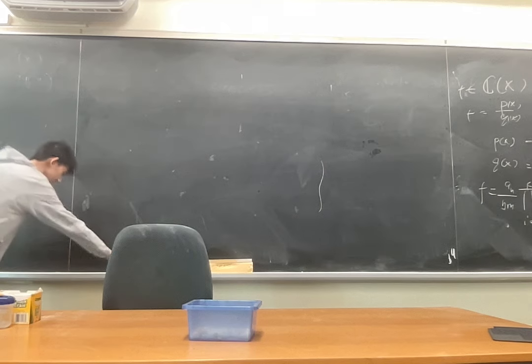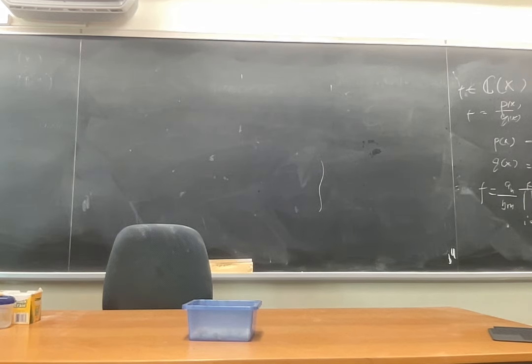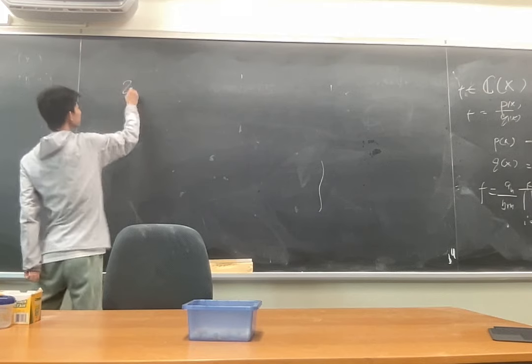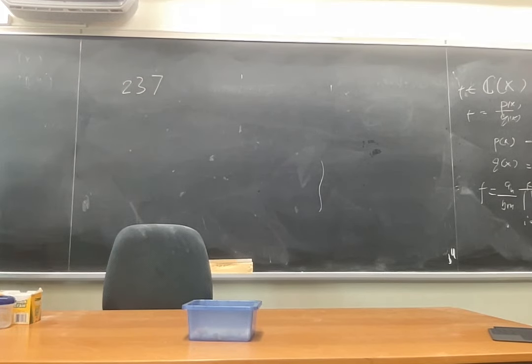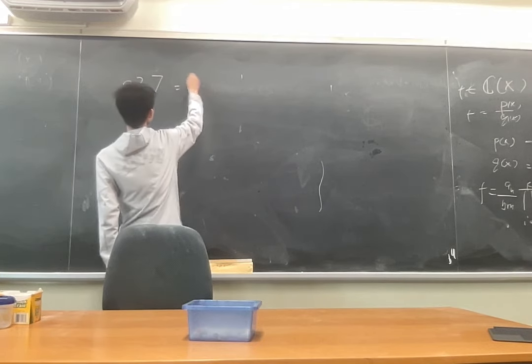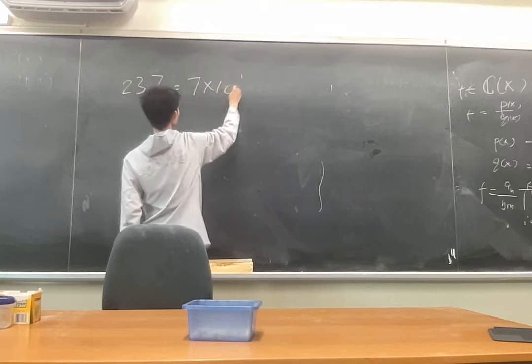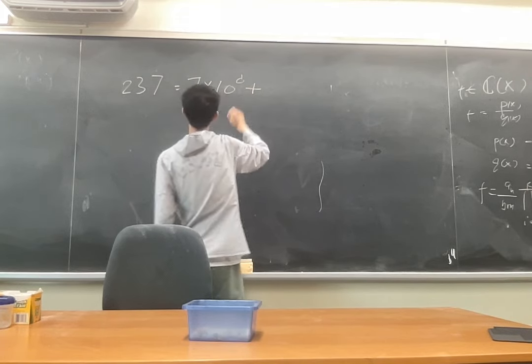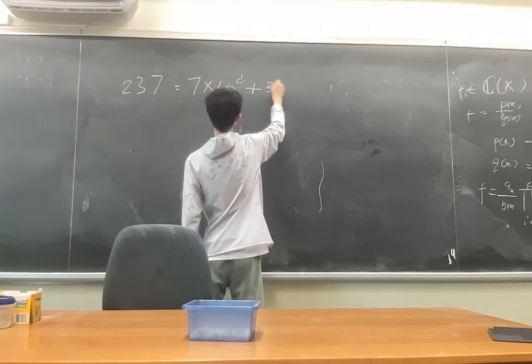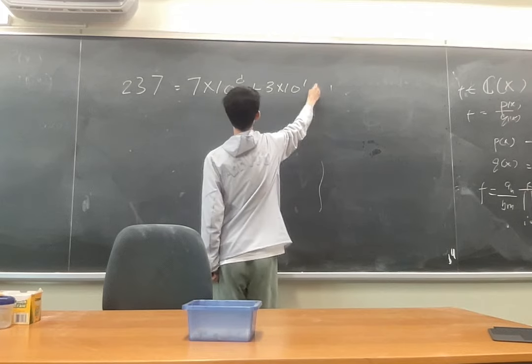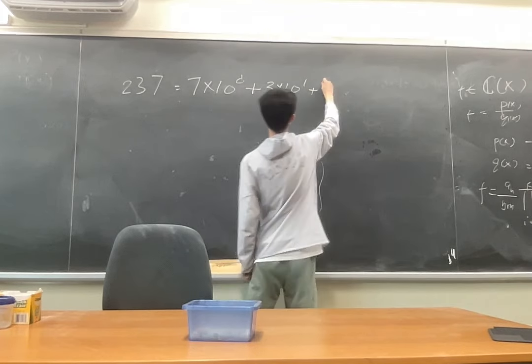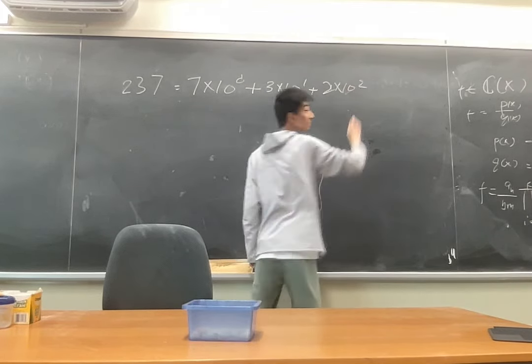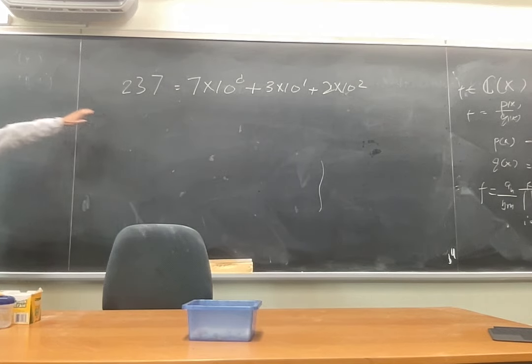For example, we take any number, for example 237. This number can be written as 7 times 10 to the 0 plus 3 times 10 to the 1 plus 2 times 10 to the 2, right? This is just the base 10 representation of this number.